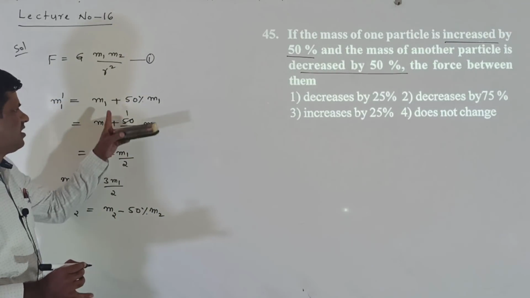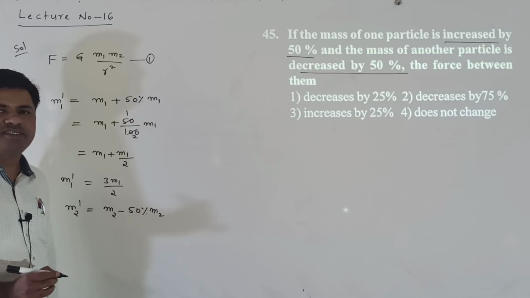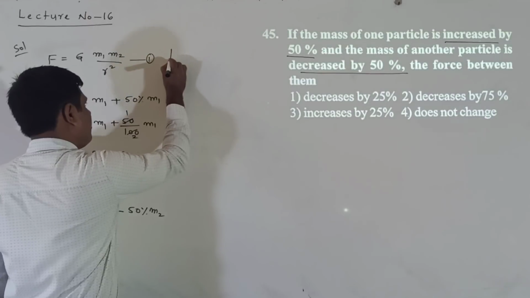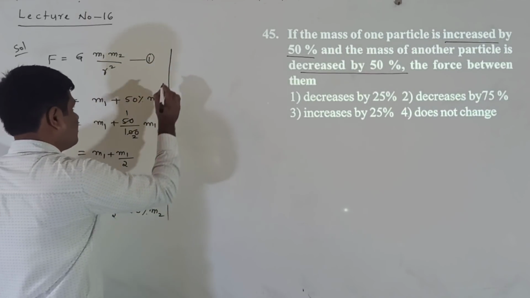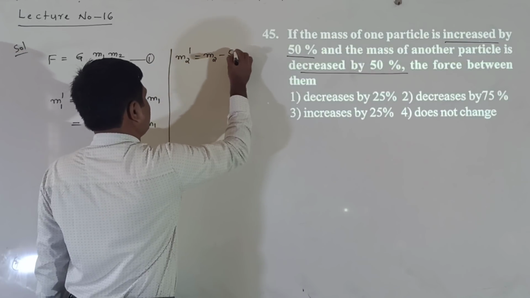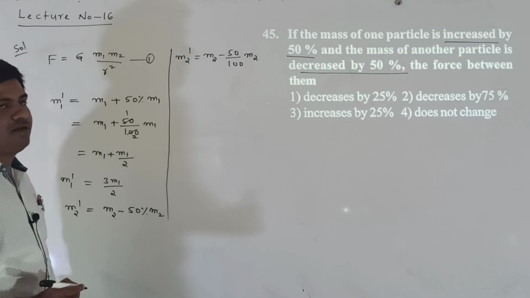Decreased means minus, increased means plus. Initial mass is m2, and 50% of m2 is decreasing. So m2 dash is equal to m2 minus 50 by 100 into m2.